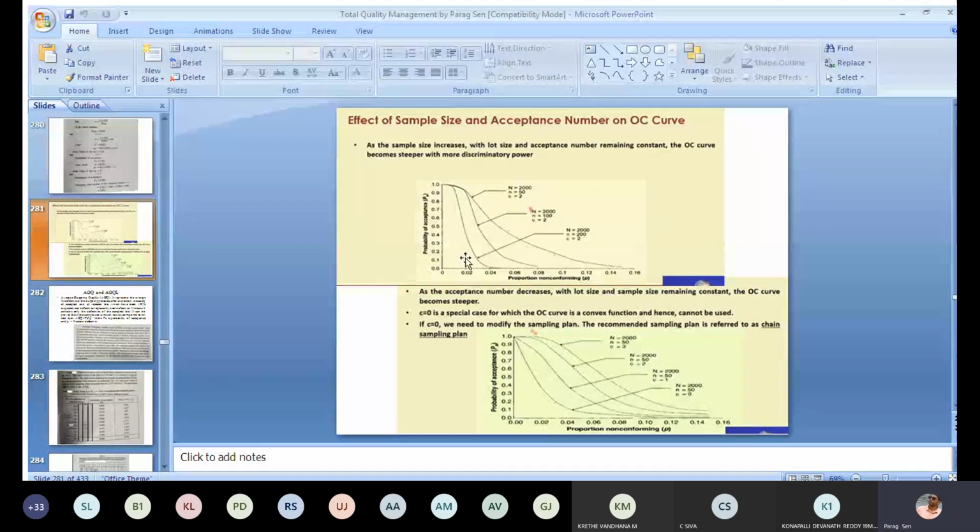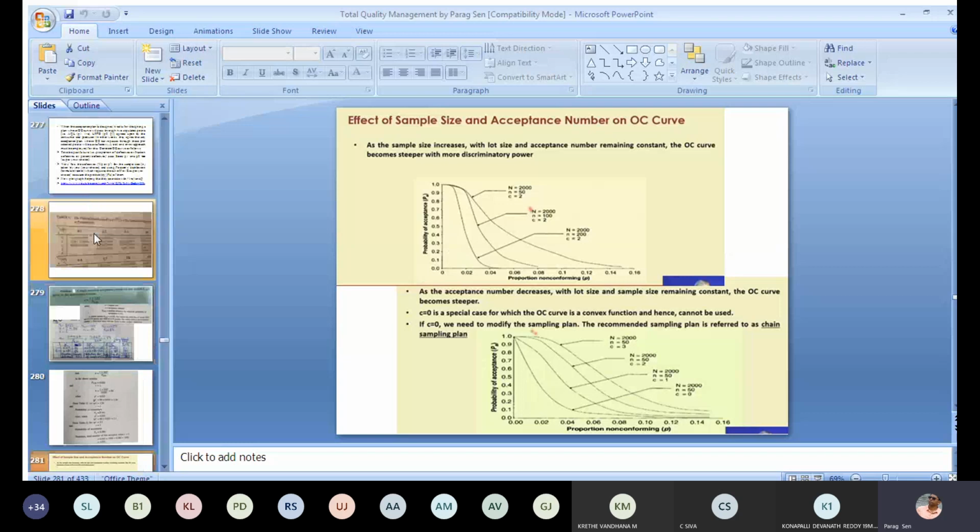This is very steep in nature, so small n is equal to 200. This is moderately steeper, that is why small n is equal to 100. And this curve will have small n equal to 50. So we can understand that as the curve becomes steeper, the sample size gets larger.